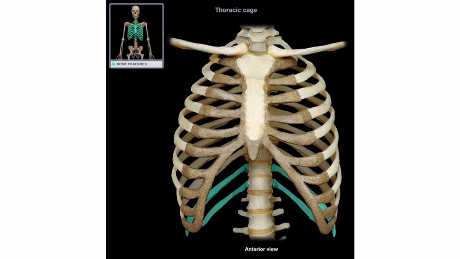They are not attached to any structure, therefore they are termed the floating ribs. The question is, do they have a costal cartilage? The answer is yes, they do, but it is not developed and it looks like a cap at the tip of the rib.